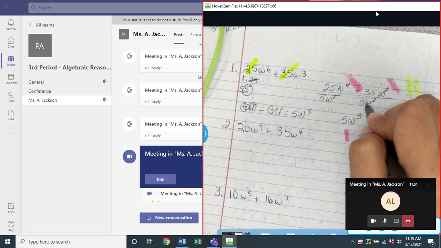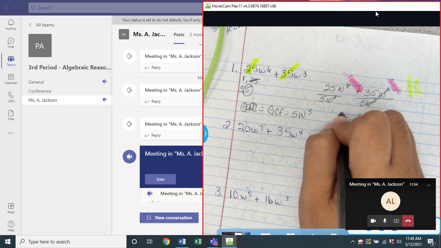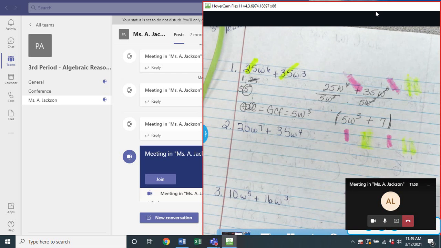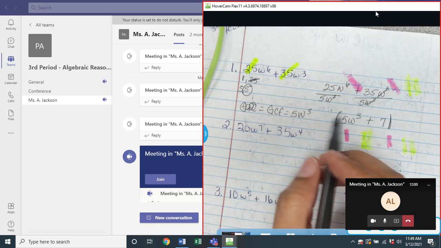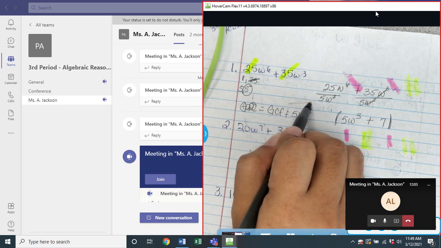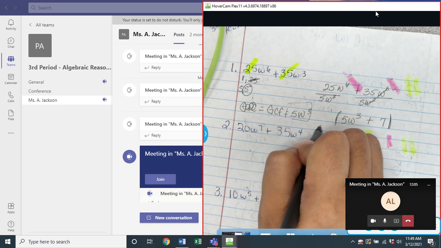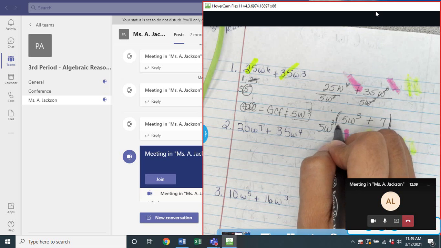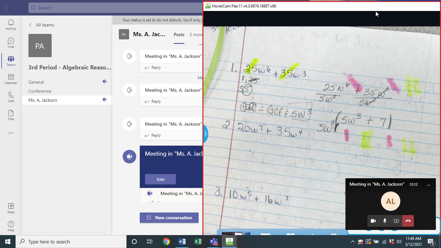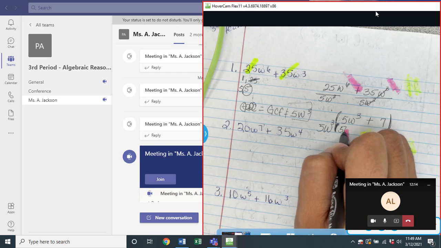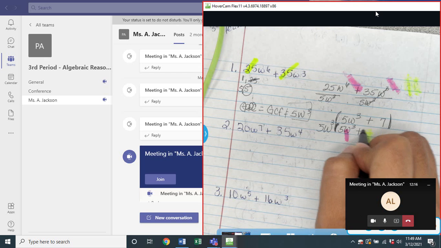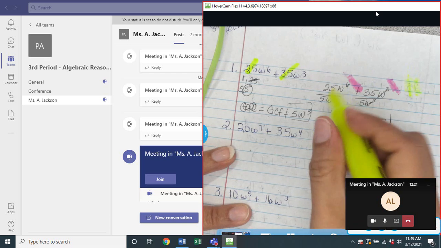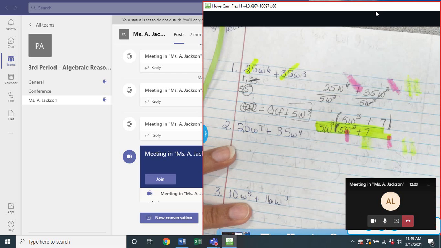You see this one? They cancel out. So your answer will be 5W to the power of 3 times the quantity W to the power of 3 plus 7. You have to put it in parentheses. So this is your answer right here. Can you see it?